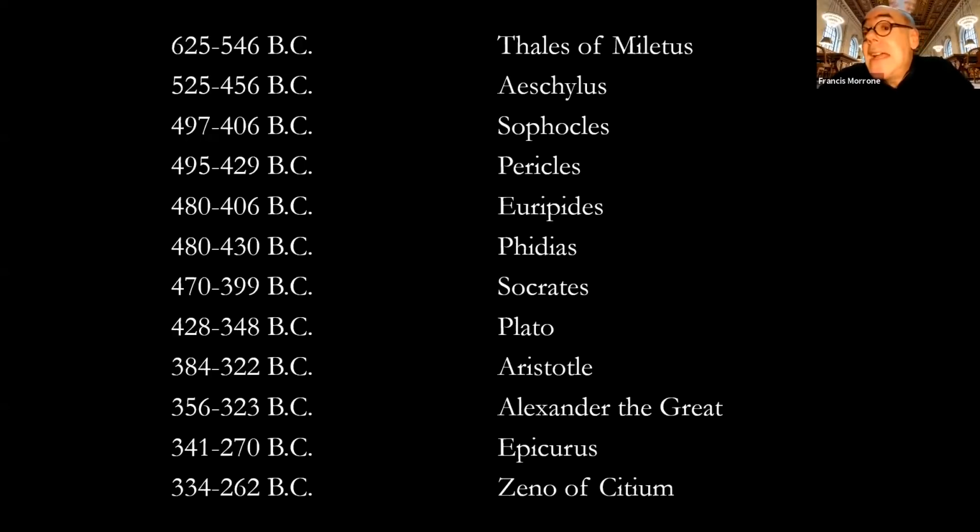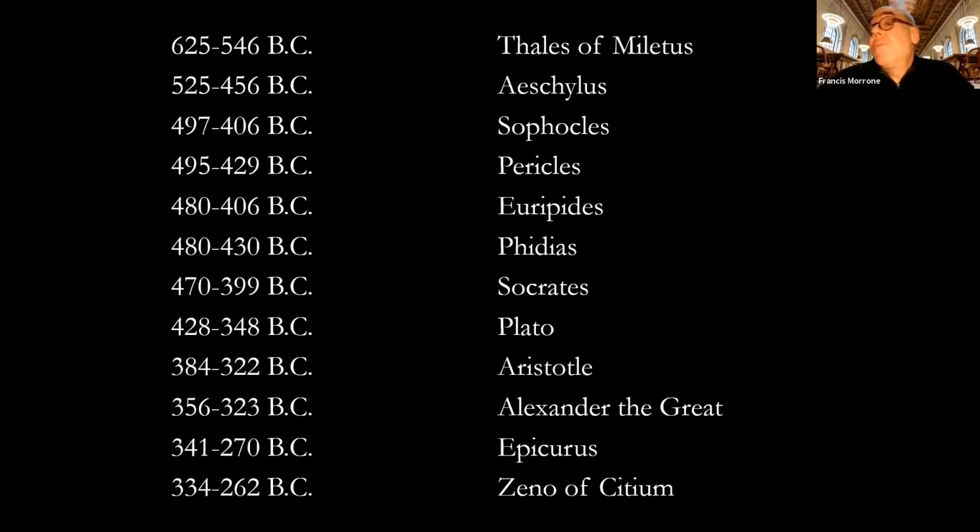There are the great playwrights, Aeschylus, Sophocles, Euripides, and right in the middle of those names is the name of the great Athenian statesman Pericles, the man who gave his name to a whole period in Greek history that we call Periclean Athens, which will get disproportionate play in tonight's talk.